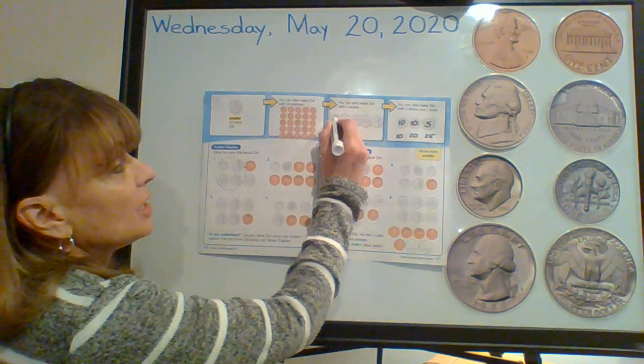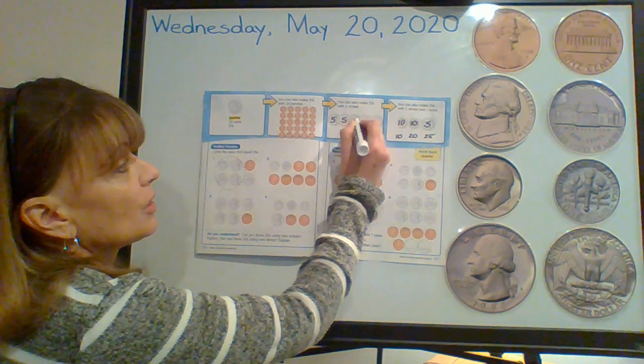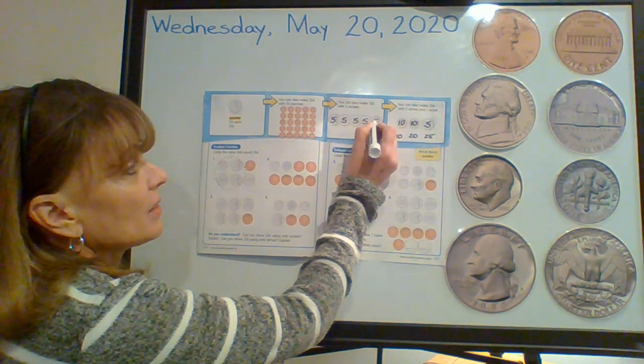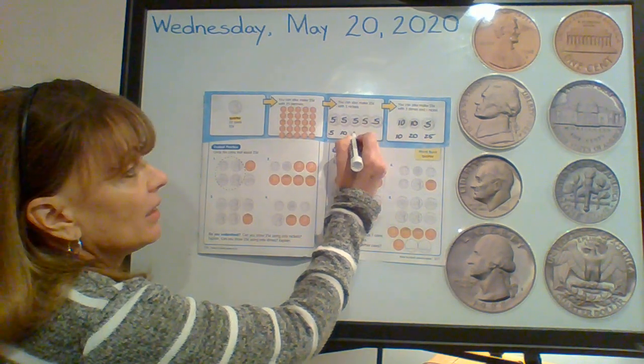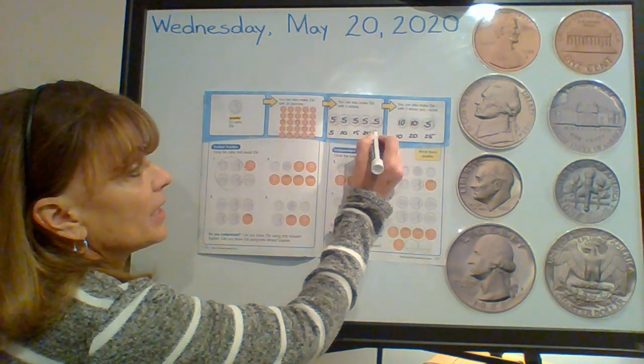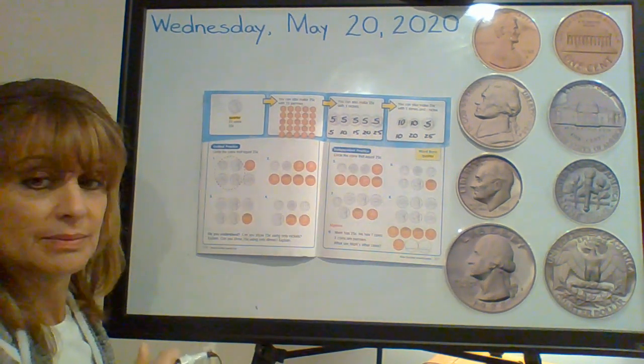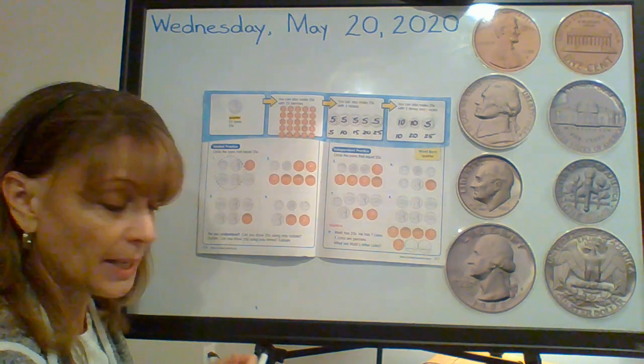If we did, these are all nickels, so they're all 5 cents. So if we added them together, we would say 5, 10, 15, 20, 25. Okay, are you with me?